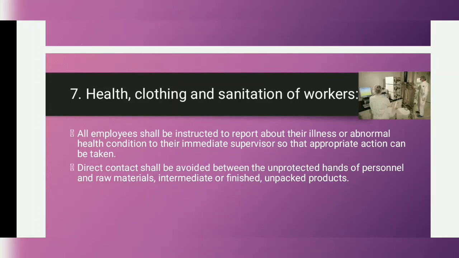If the health of an employee is not good, they must inform their supervisor so that the supervisor can assign his or her duty to any other staff. And direct contact must be avoided between the unprotected hands of personnel and raw material, intermediate or finished unpacked product.